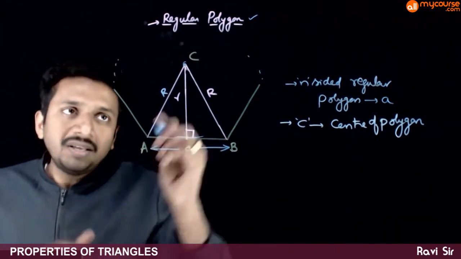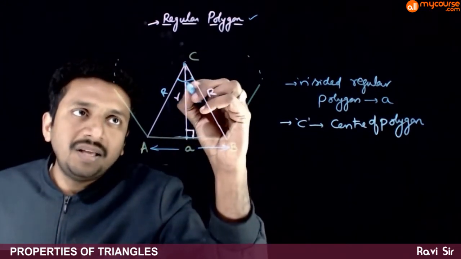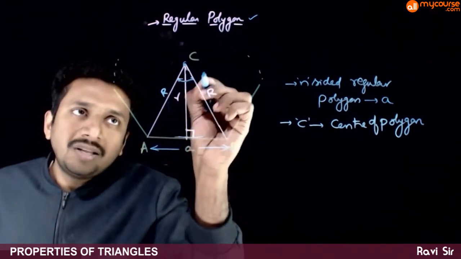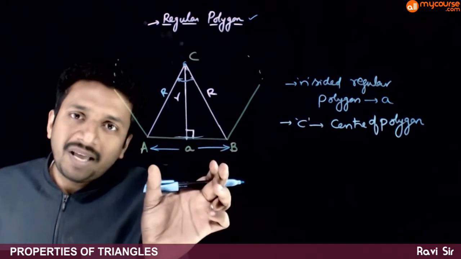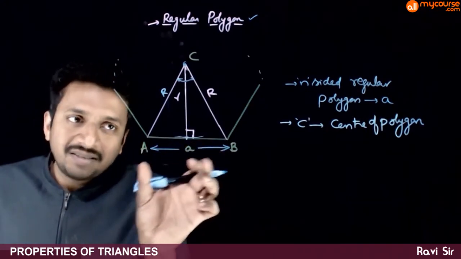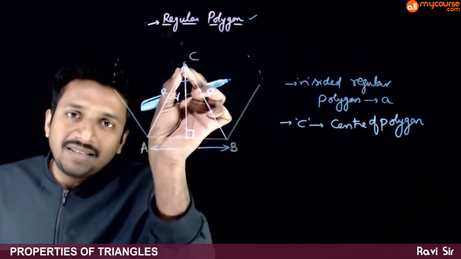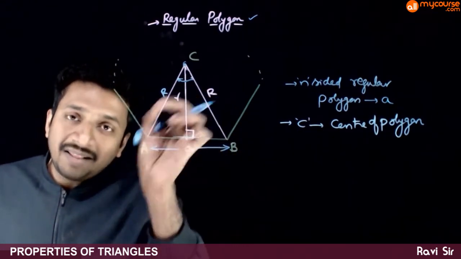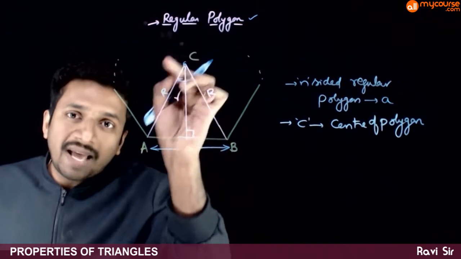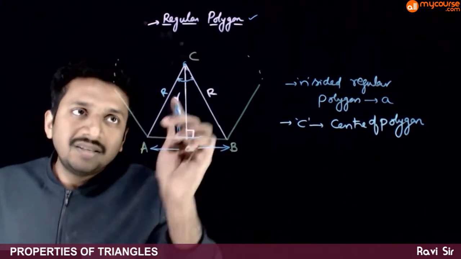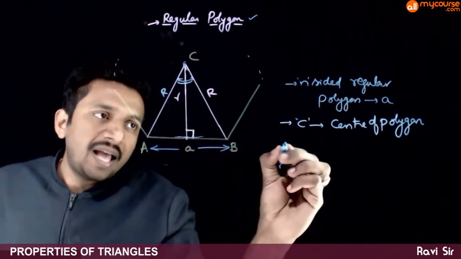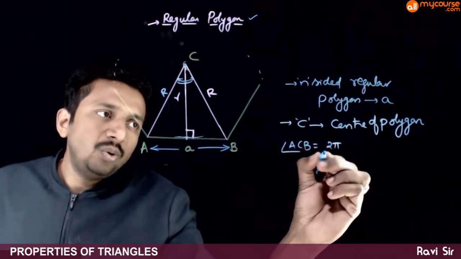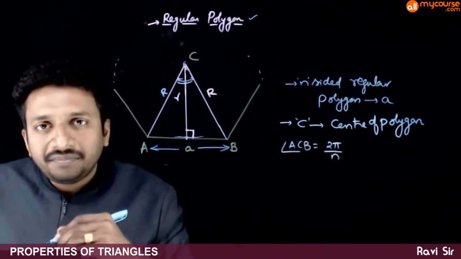That's very simple. So what will this angle be? This angle will be 360 degrees divided by n sides, because each side subtends the same angle at the center, and there are n sides subtending n thetas, and the total angle is equal to 2 pi radians. So this angle ACB is equal to 2 pi by n.